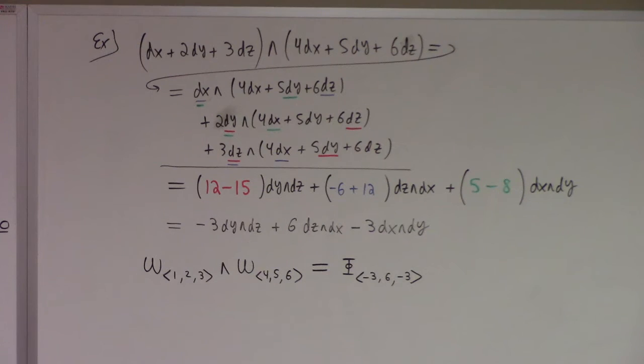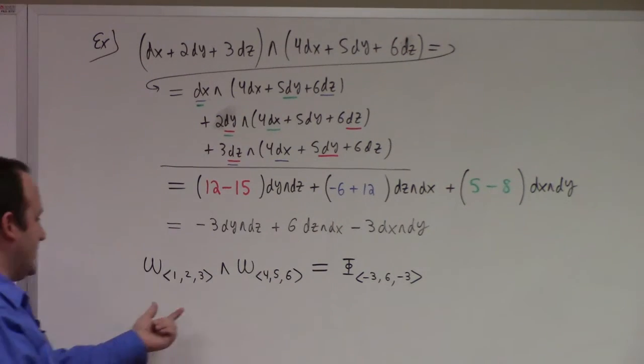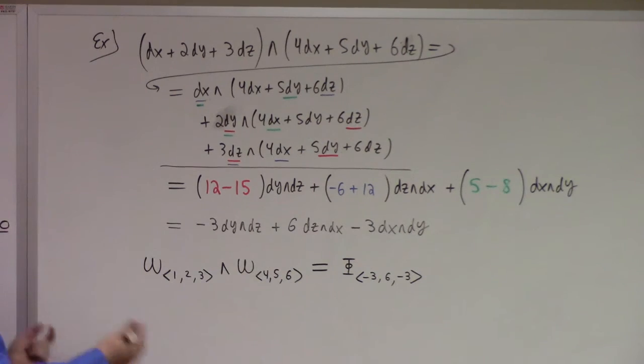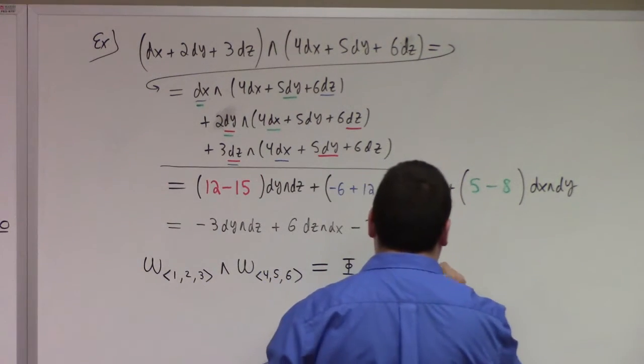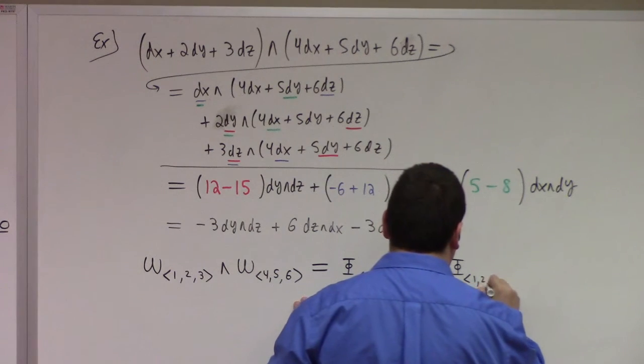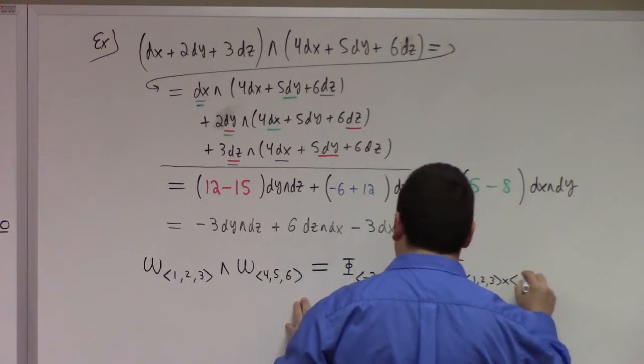It must be what? The what? No, we're not there yet. It must be the cross product. It's got to be the cross product of these two. That's not entirely, I mean, up to a scale factor, it has to be the cross product. In fact, this is straight up the cross product of those two. So the wedge product naturally encodes the cross product in this way.